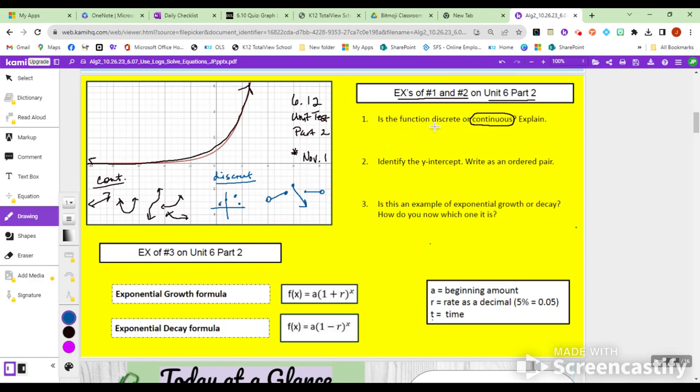Number 1 says, is this function discrete or continuous? We're going to answer continuous, and it says explain. So we're talking about this graph, and I would just say something like, the graph never stops.